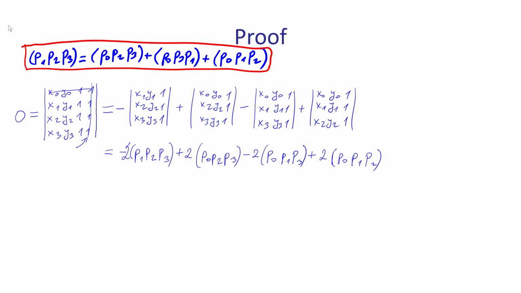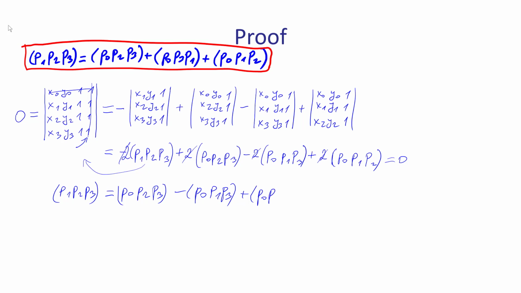Clearly 2 could be cancelled everywhere. This could be moved to that side, which is all of that equal to 0, so it could be moved to the other side, and you'll get P1, P2, P3 equals P0, P2, P3 minus P0, P1, P3 plus P0, P1, P2.